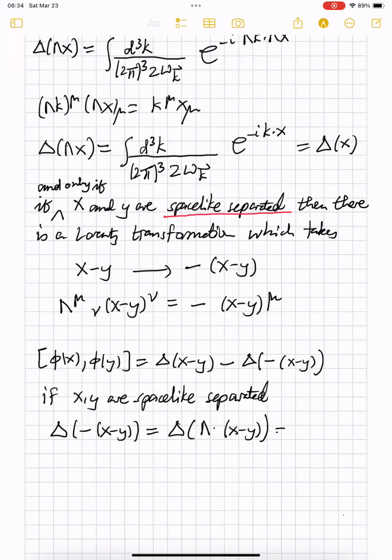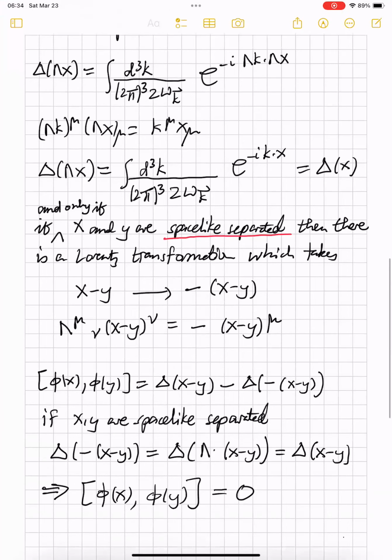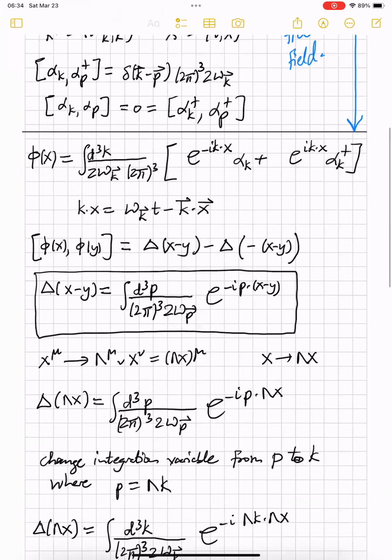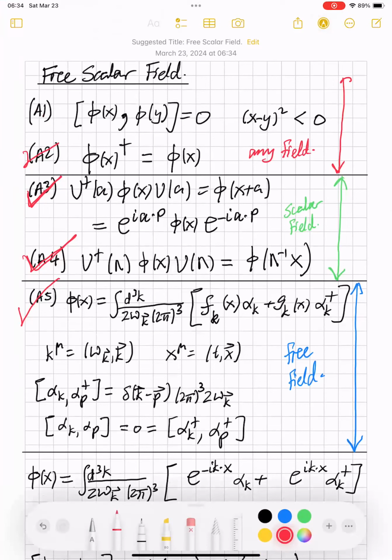And because delta is Lorentz invariant, that means delta of minus (x minus y) is delta of x minus y. Looking back at our commutator, it means that phi of x and phi of y commute. So we have now verified that our first axiom holds.